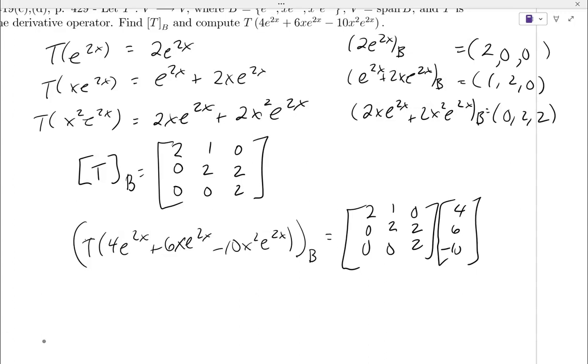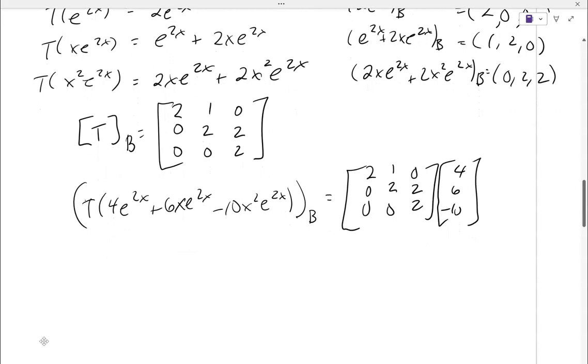Yeah. Again, same idea, right? Then we multiply, we'll get 8 plus 6 is 14. 12 minus 20 is negative 8. And 2 times negative 10 is negative 20.